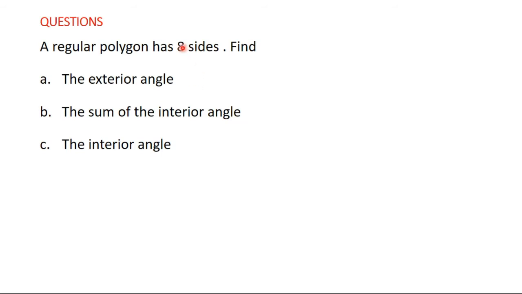Here we have been given the n. We are also told to find the sum of the interior angles, and we are supposed to find the interior angle, that is one interior angle. So here we are finding one exterior angle, here we are finding one interior angle, and for the B we are finding the sum of the interior angles.